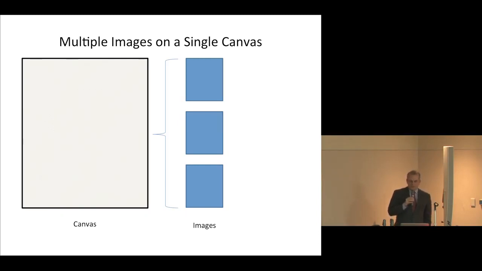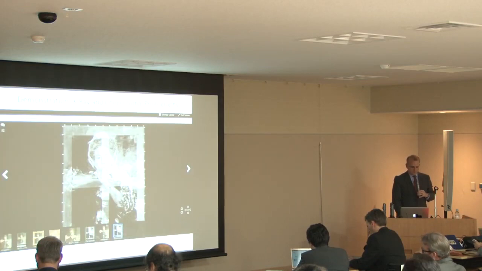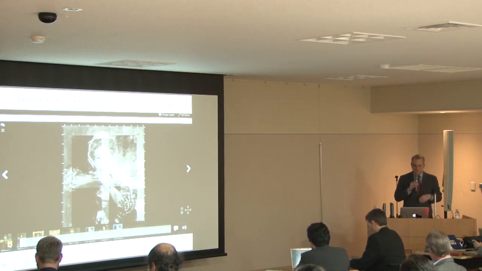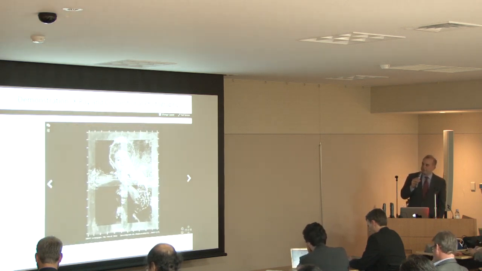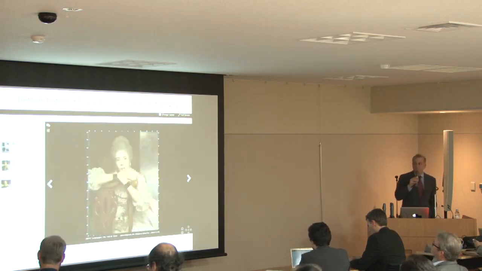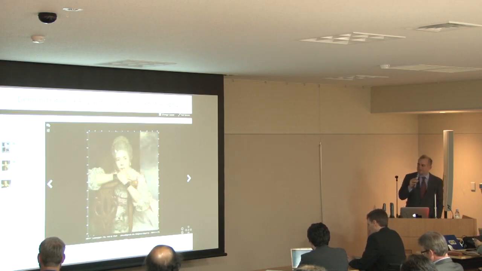Another approach is to use multiple images that target the entire canvas. This lets you build a stack of multiple images that can be turned on and off. So similar to the example that you saw earlier from the National Gallery of Art, the woman in the red hat, here's an example from the Yale Center for British Art, where we have an X-ray version of the painting, and we can turn on an overlay that is conventional photography, and we can adjust the opacity of that, so you can then start to see some differences between the X-ray version and the visible light.